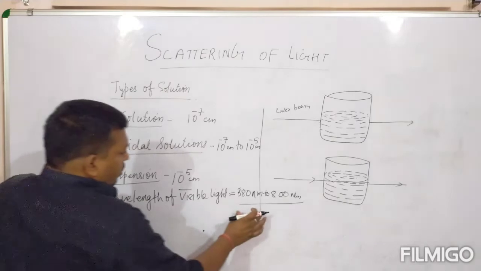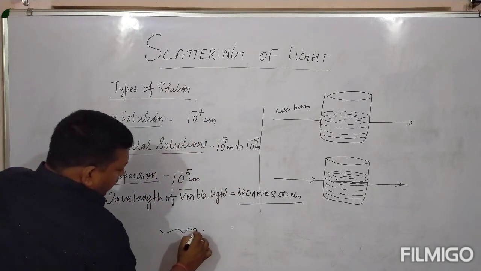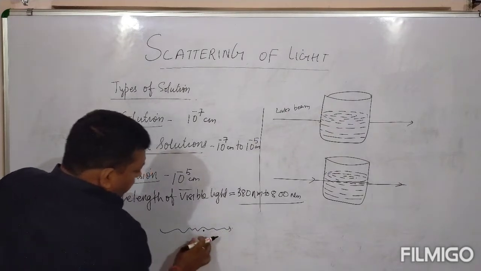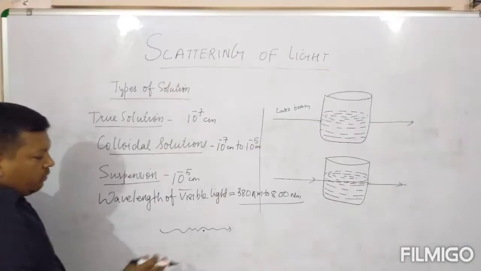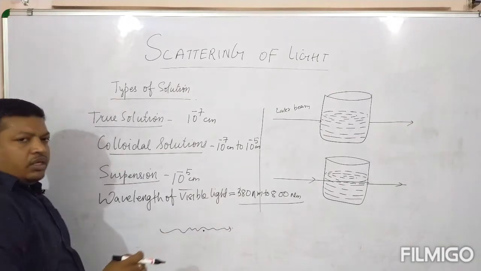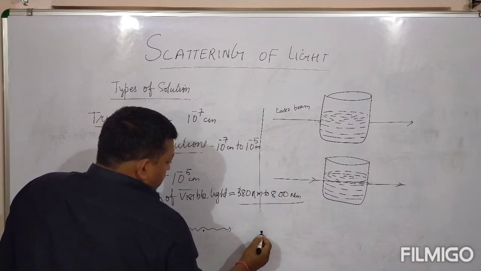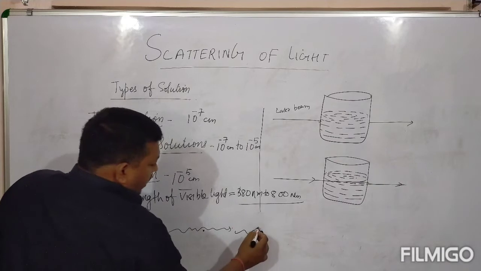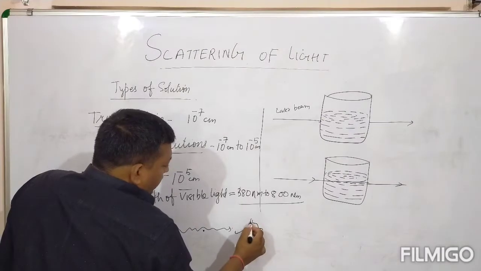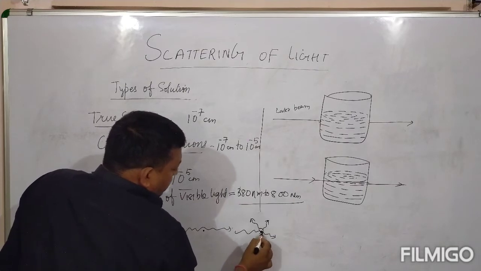So when light falls on a true solution, what happens? Light will move like that. It will jump over the particle because the wavelength is greater than the size of the particle. And when particle size is greater, light falls on the particle and is scattered away like that.